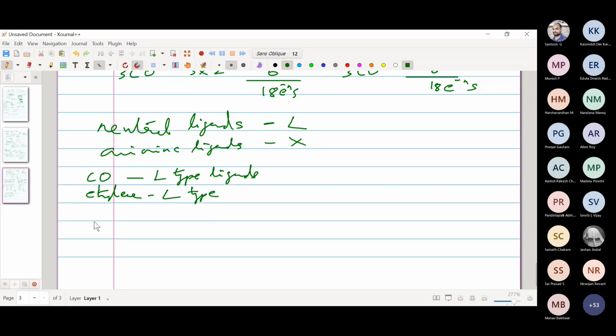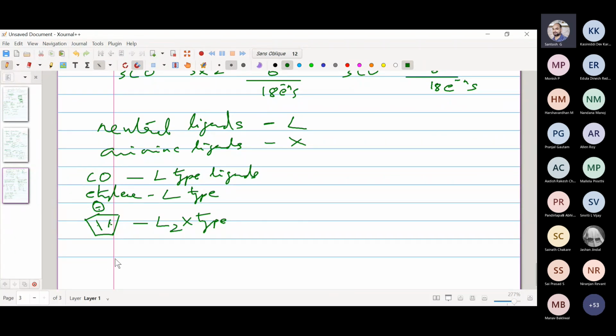Now your cyclopentadienyl, this anion, you see there are two pi bonds and one anion. So it is a mixture of L and X. So it is considered to be an L2X type of ligand.